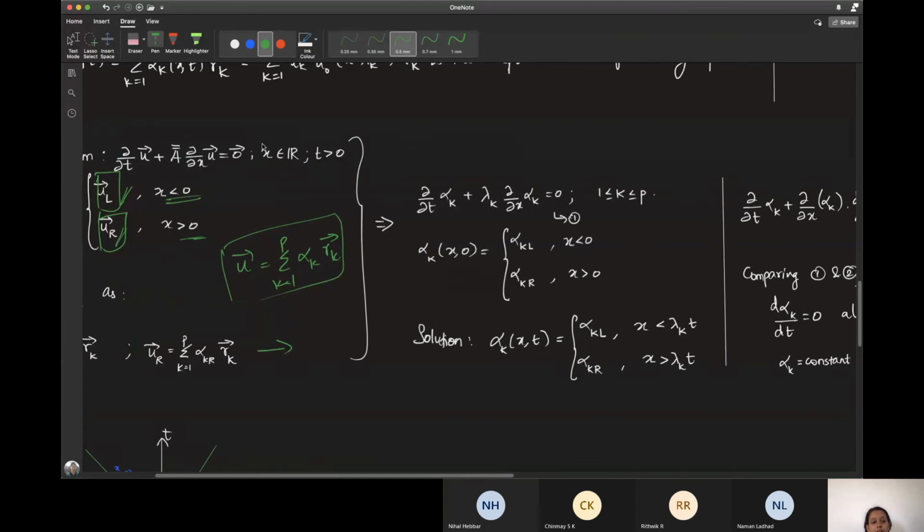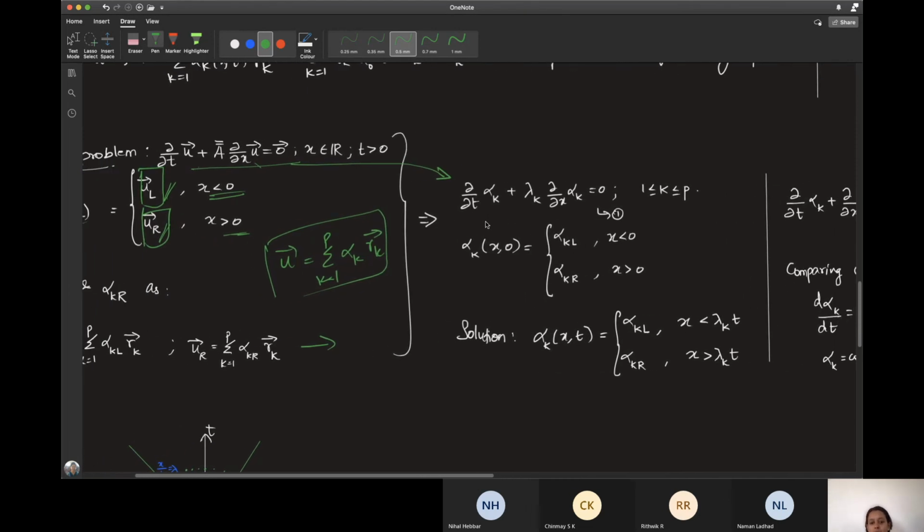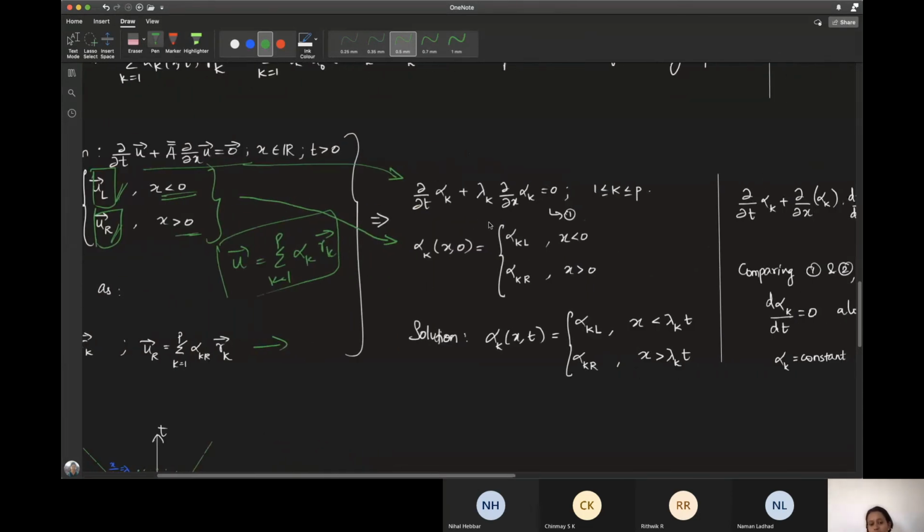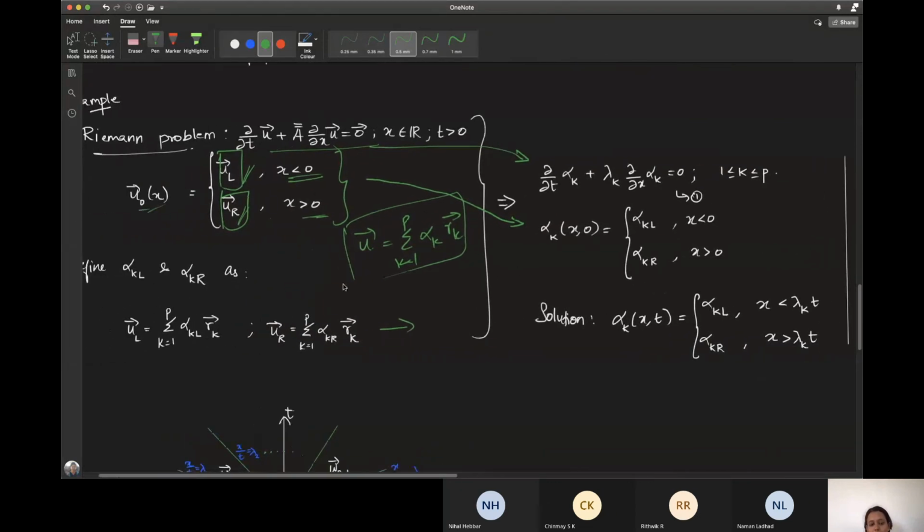Next, we already saw that we split this system into p scalar equations, and now the initial condition for this system has also been split up into p initial conditions for each of the scalar equations. That is, we have these constants, right?